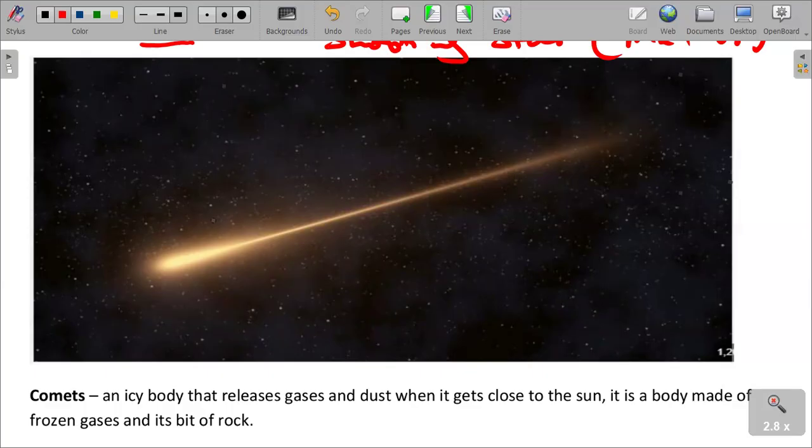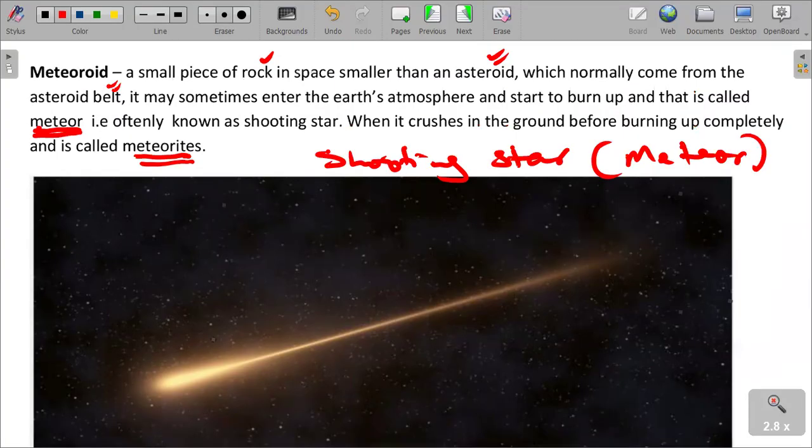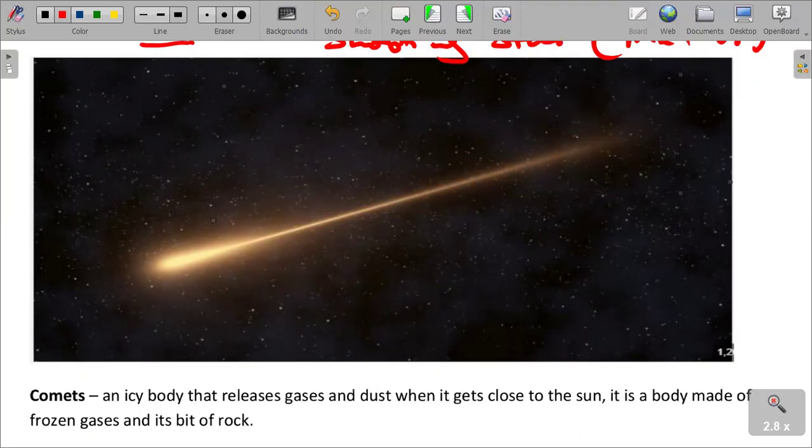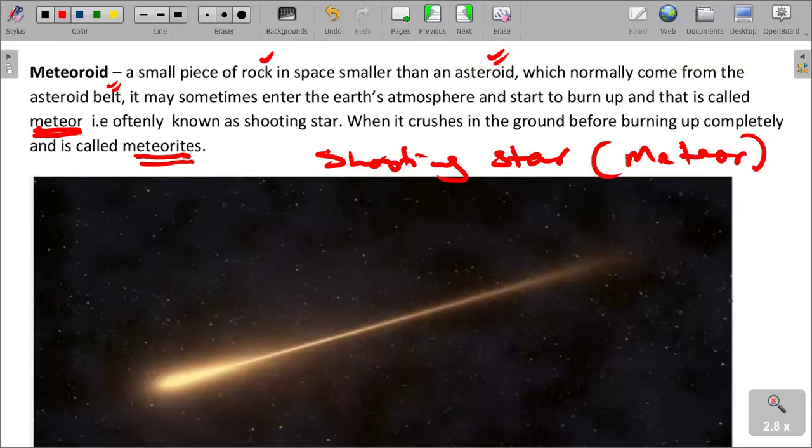If it crashes into the ground before it finishes burning up, we call that a meteorite.